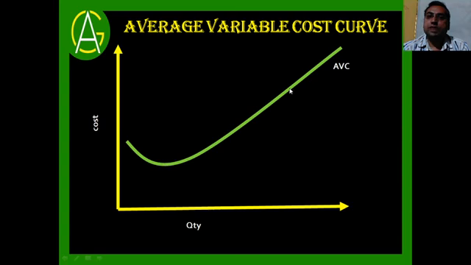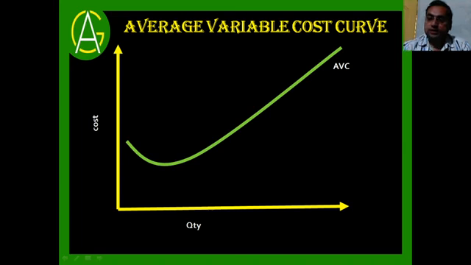Now if we look at the shape of this curve, it simply looks like a tick mark, or we can say it is Nike shape. But in our module it is said that the average variable cost curve is a U-shaped curve. So we have to remember that the average variable cost curve is U-shaped.